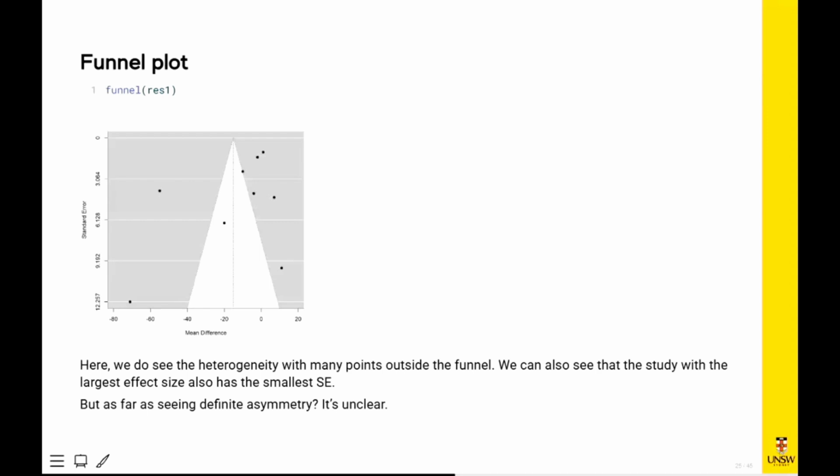I just wonder, as a funnel plot, sometimes they're telling us not anything about asymmetry or publication bias, but they're telling us we fit the wrong model. Yeah, you definitely could interpret it that way here, because the biggest thing in this particular funnel plot is the heterogeneity, I think. There's really only one dot that's in the funnel. Yeah, I think you're probably right, there's probably a better way to analyze these data.